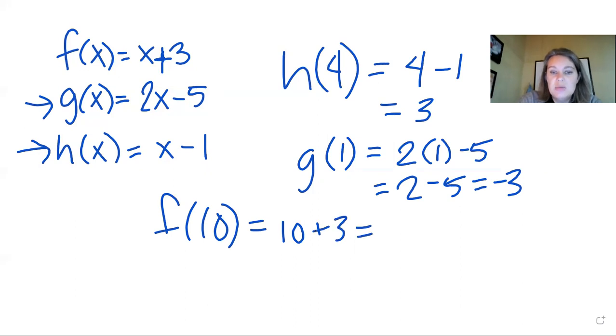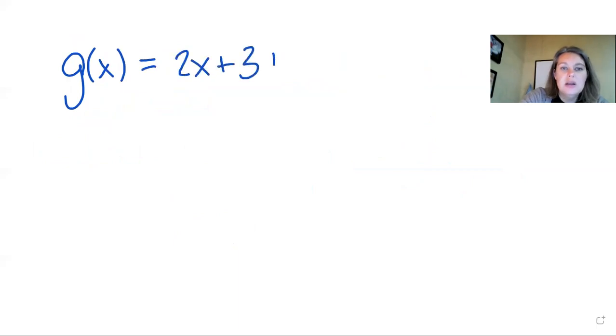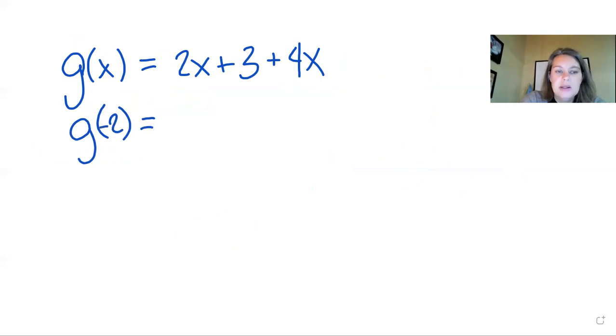Sometimes you might actually see more than one x. So what if I had g of x equals 2x plus 3 plus 4x, and I want you to find g of 2? Now let's make it interesting. Let's make it a -2. Wherever I see an x, I'm going to plug in -2.